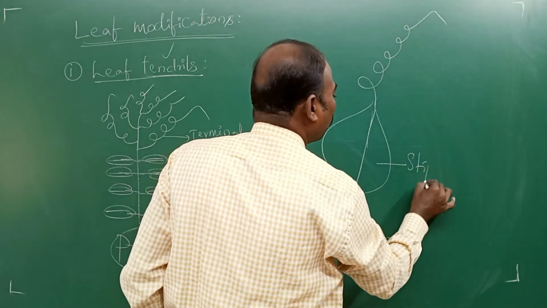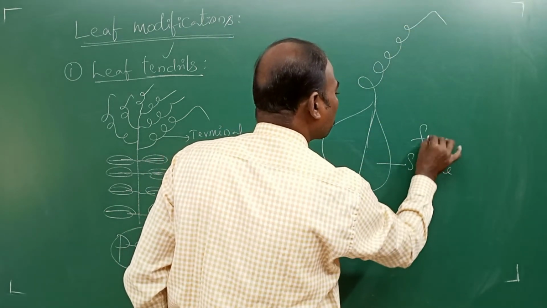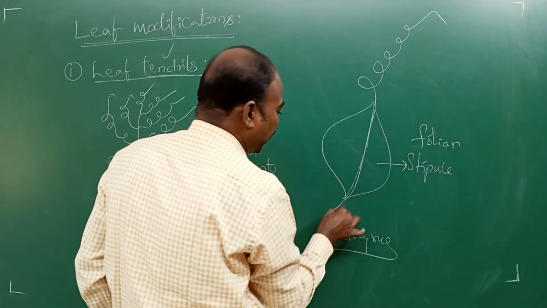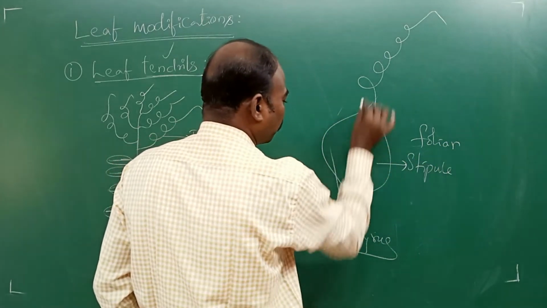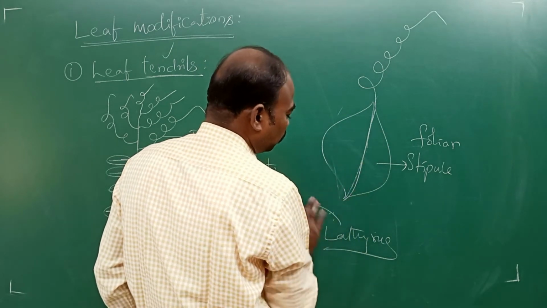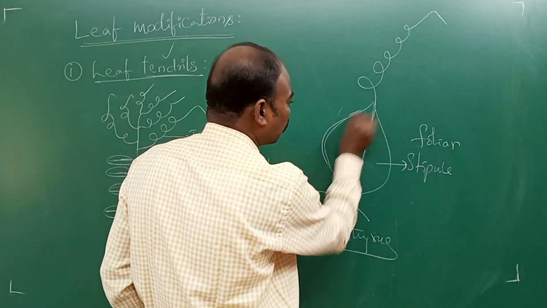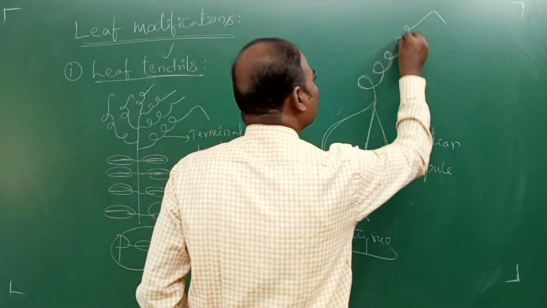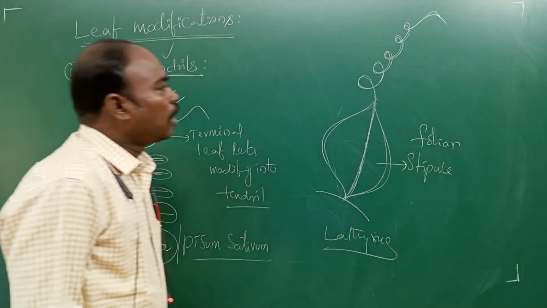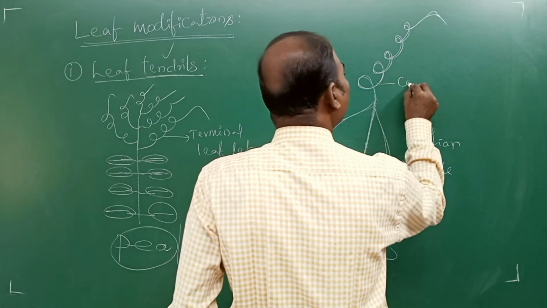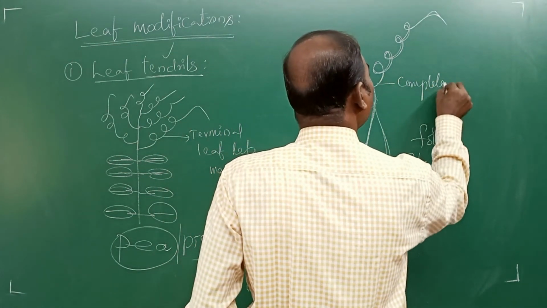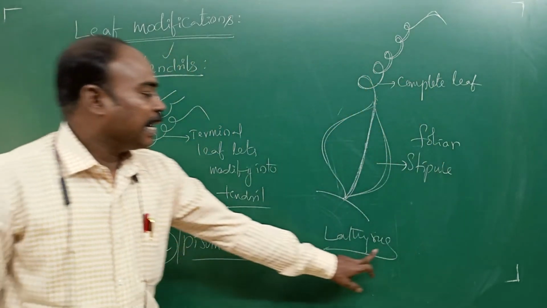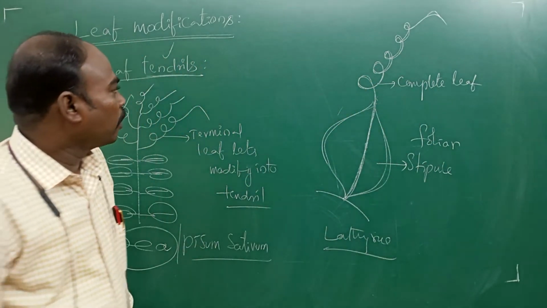This is a foliar stipule; here the total leaf becomes modified into a tendril. The complete leaf gets modified into a tendril in the Lathyrus plant.